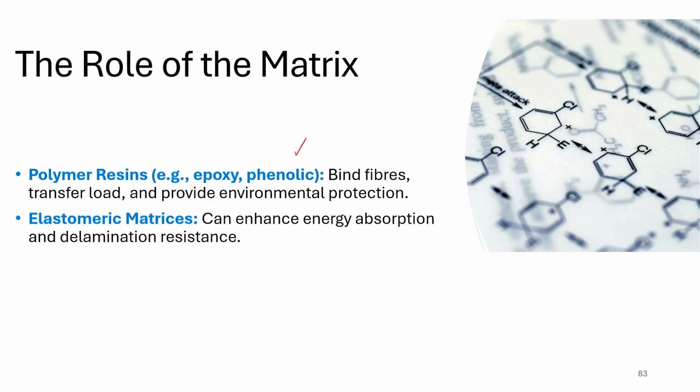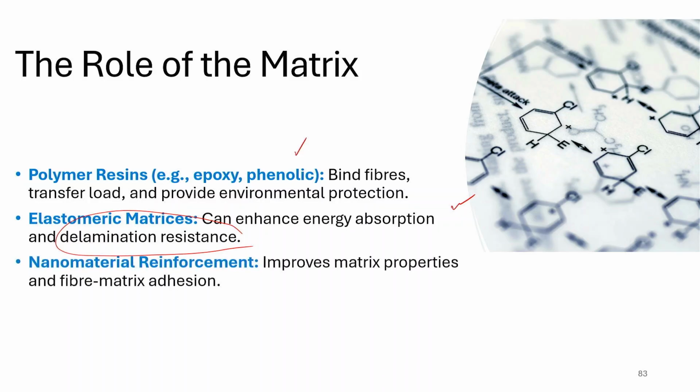Elastomeric matrices are also used, where we try to enhance energy absorption by deformation, and also to resist delamination. Nanomaterial reinforced composites are also used for ballistic material.